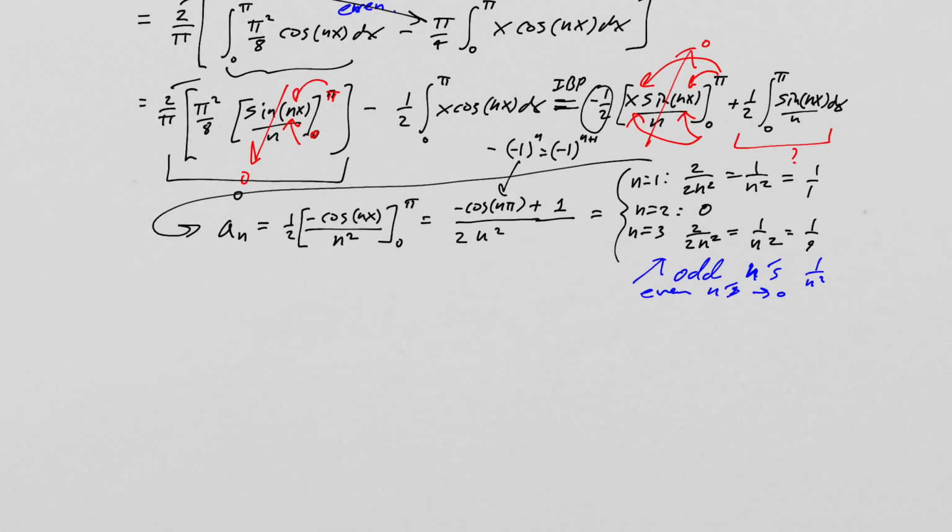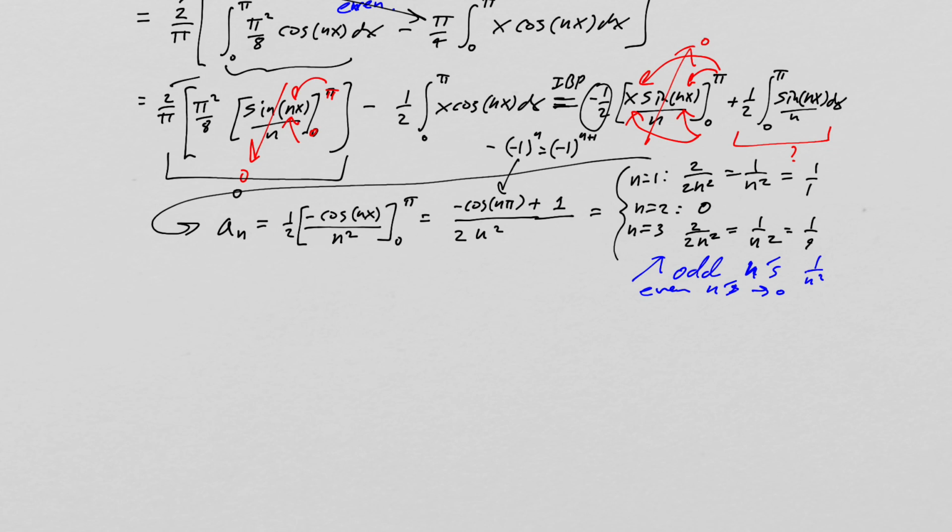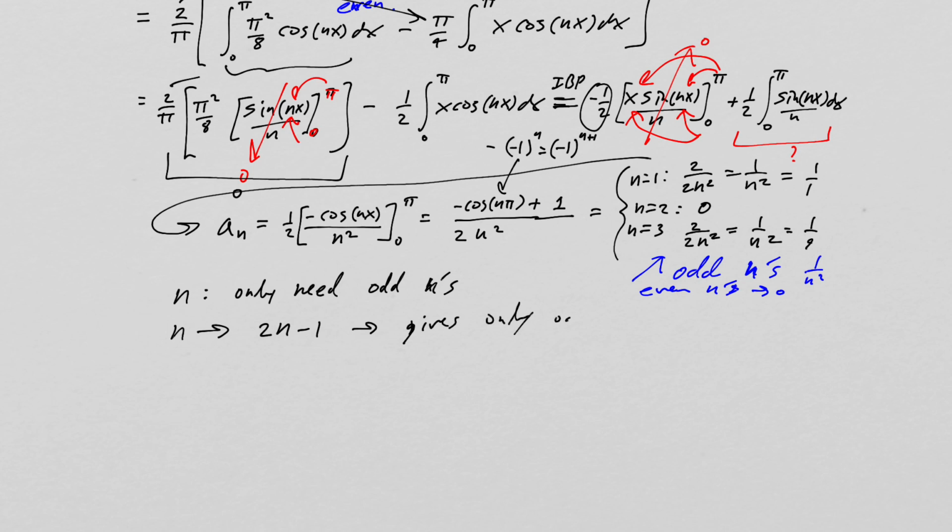If I move a little bit more up over here, if that's my takeaway formula, what I can really do is say that we have the n, but we only need the odd n's. So what I can take is my n, and I'm going to turn it into a 2n minus 1. That gives only odd values.